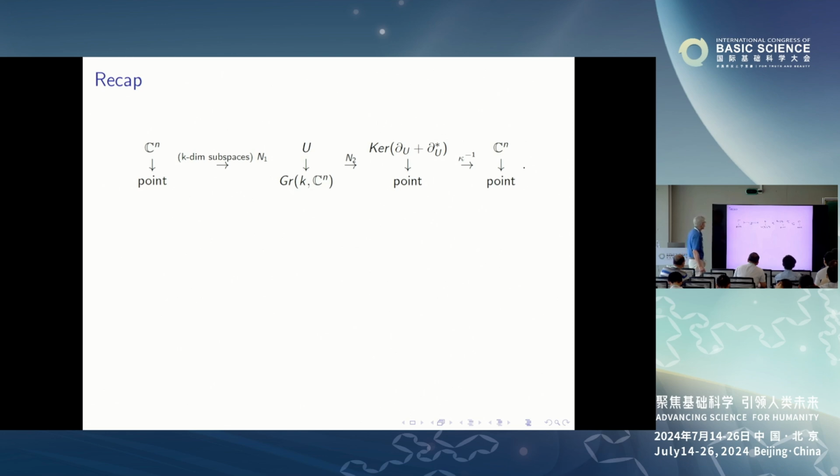That's the first association, which I call N1. Then, given that second piece of data, I've associated the kernel of a Dirac type operator, which is again a vector space, but I think of that as a vector bundle over a point. And finally, this map kappa, although the way I've written it must be kappa inverse, tells me that I had the same thing I started with, C^n over a point.